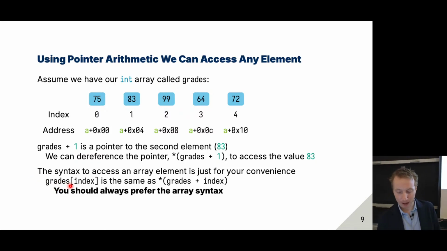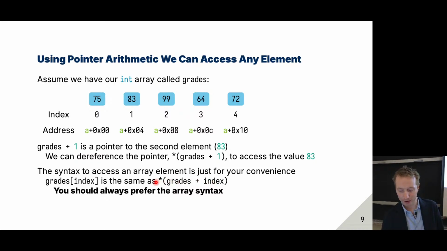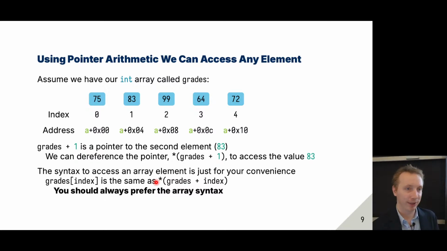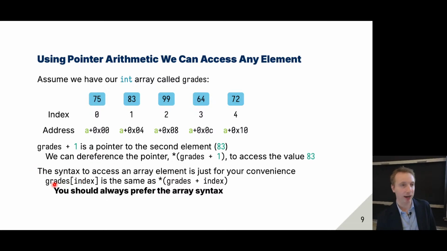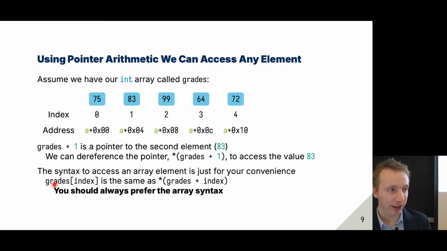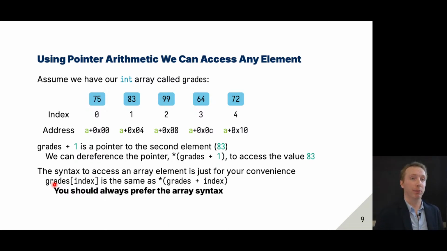If I do grades and then square brackets index, that's the exact same thing as doing pointer arithmetic on grades. If I do grades plus index and then dereference it, I'm going to get exactly the same value. The only reason they came up with this syntax for accessing elements of an array is because pointer arithmetic is bad. Especially in this course, if you have to do pointer arithmetic, you are doing something wrong.